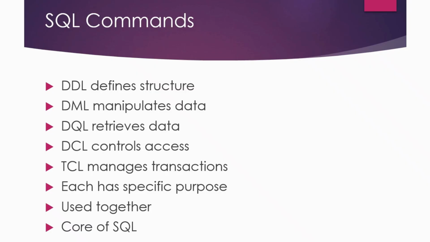DQL is used to retrieve data, for example, select. DCL is used to give or remove permissions, for example, grant and revoke. TCL is used to manage transactions. For example, commit and rollback are the commands used in TCL, transaction control language.